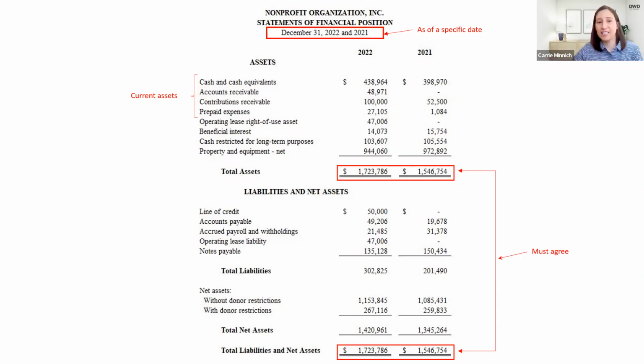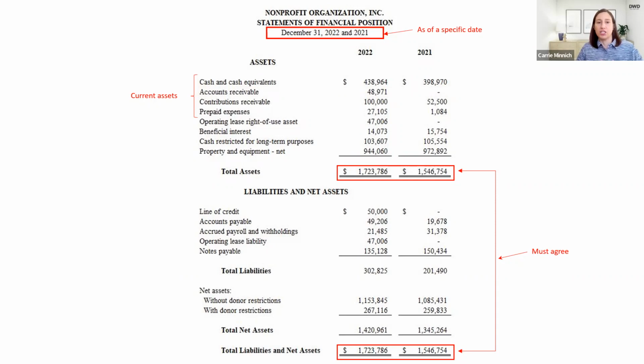Okay, operating lease right of use asset. This is new. You can also see under the liability section there is an operating lease liability. For 2022, for organizations that have a December 31st year end, the new lease accounting standard went into effect this year. So what does this mean?